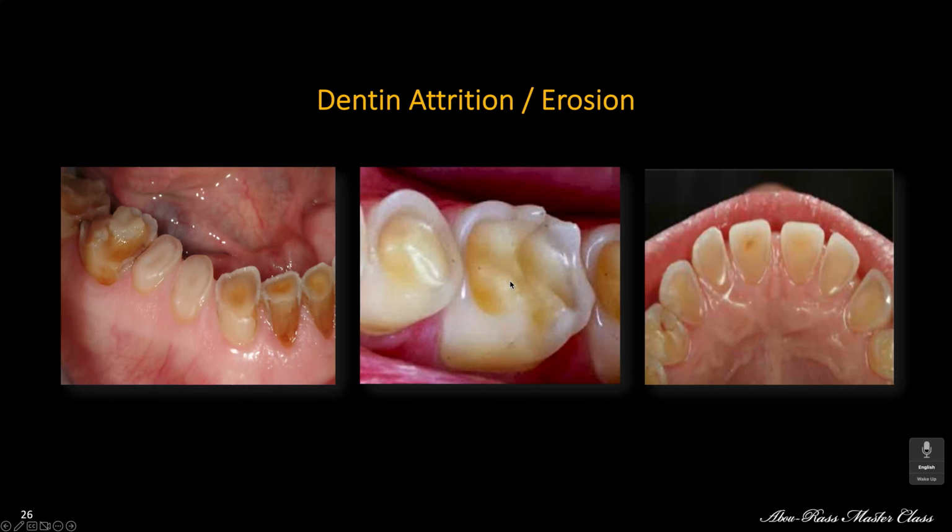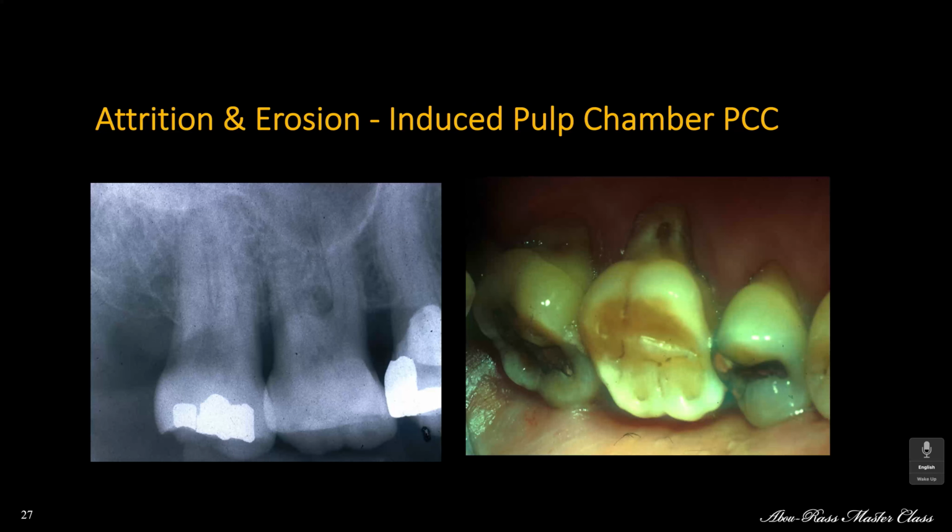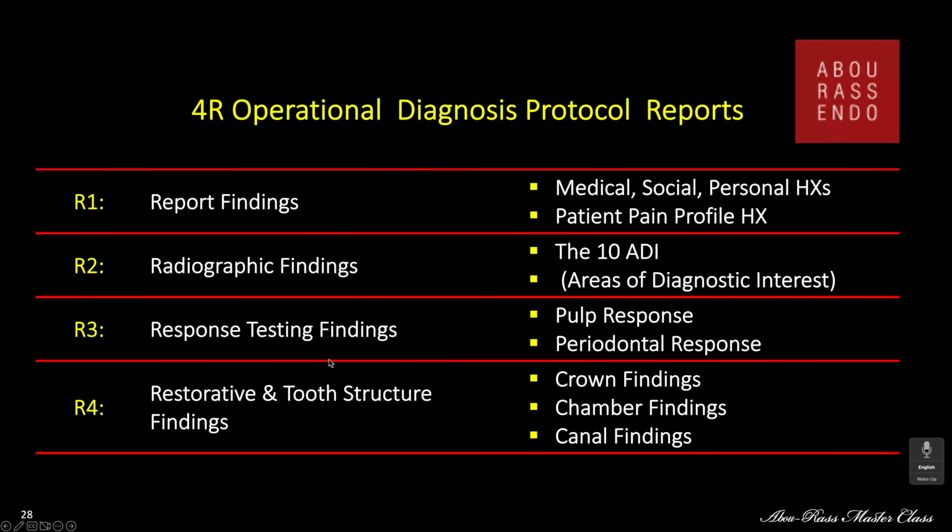All of this has an impact, has an effect on the pulp in terms of dentinal tubule closures and pulp calcification. Another example of erosion. And you see the changes in the pulp chamber.